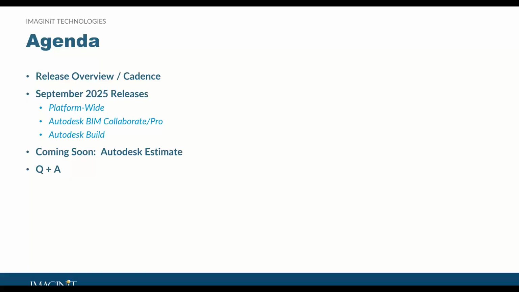I'm going to cover platform-wide releases, and then Alan will dig into Autodesk BIM Collaborate and BIM Collaborate Pro specific releases, as well as Autodesk Build releases. And then if you were lucky enough to be at Autodesk University or were able to attend online and maybe watch some of the classes or keynotes, you are aware that Autodesk Estimate is coming out soon. So I'm going to give you a little bit of a sneak peek around some features and functionalities of that new solution, and then we'll hop into some Q&A.